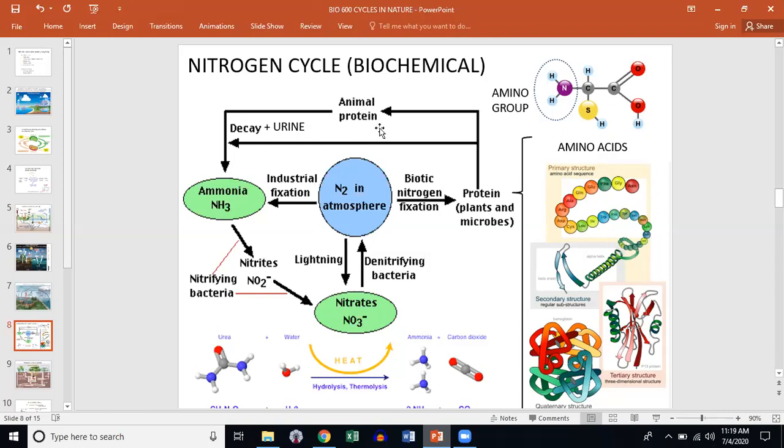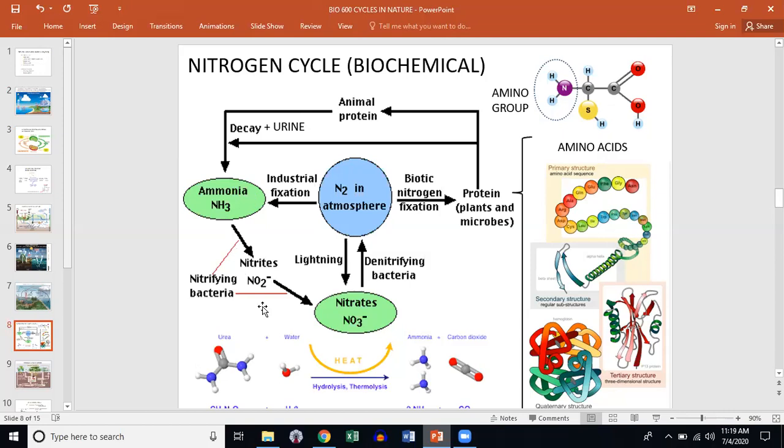So we can look at proteins, and these proteins decay, they break down, they decompose, and we excrete them through the urine, which turns into ammonia and goes into the soil typically.